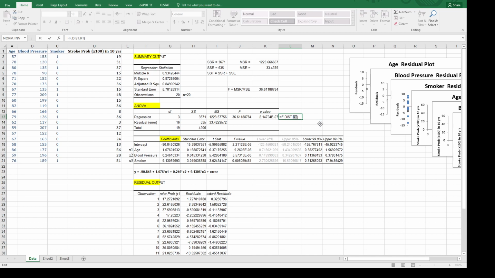As you can see, there are three arguments. X is the value, so that's the statistic we found. The first degree of freedom is associated with the numerator for F, which is MSR, and MSR has a degree of freedom of 3, so 3.